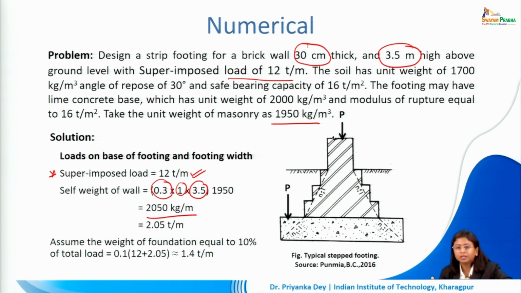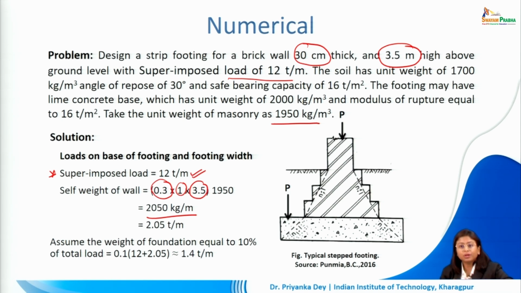What about the foundation? The footing itself also has a weight. And where does that rest? On the footing itself. So the footing not only carries the load of everything above it, it also carries its own weight. So let's assume, as a thumb rule, and this is applicable to even the future numericals you solve on your own without my help, that the weight of the foundation is going to be about 10% of the total load that comes in.